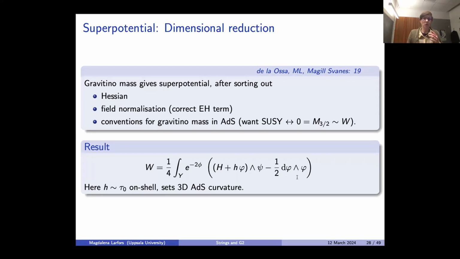But always when you have supersymmetry, you need to look at both the fermions and the bosons, and you need the full theory to know what the supersymmetry constraints are. What the superpotential is, it's basically reflecting that in order to derive the supersymmetry conditions, you need to have information about the fermions and the bosons in the theory. I'm not sure I'm doing it very well.